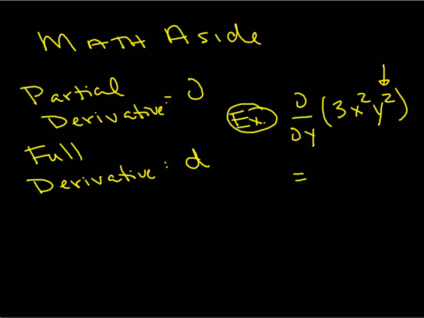Once we've applied that derivative, we're going to get 2 times 3x squared y to the 2 minus 1, to then yield 6x squared y to the first power, or 6x squared y. And the same thing will apply time and time again as we do partial derivatives to any of these functions.